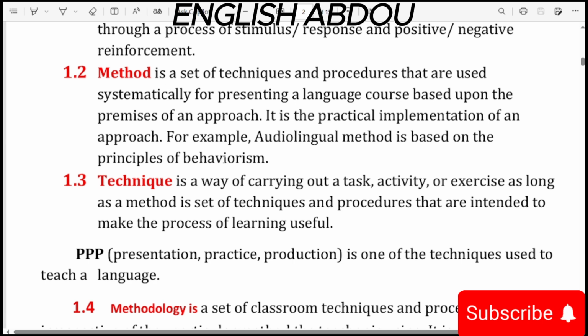Okay, for example, the audio-lingual method is based on the principle of behaviorism. Audio-lingual, as we will see, is the first method that is based on an approach. Okay, as we will see.